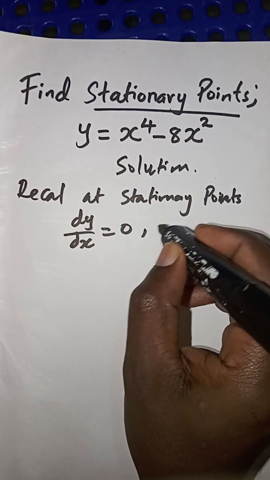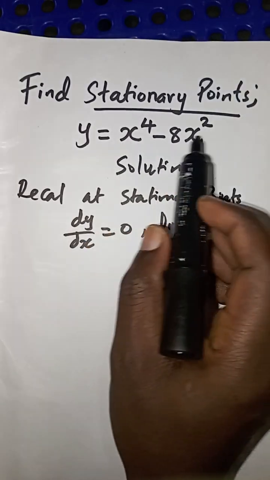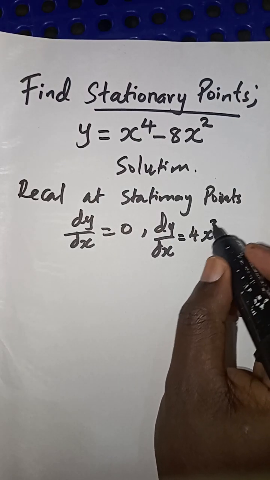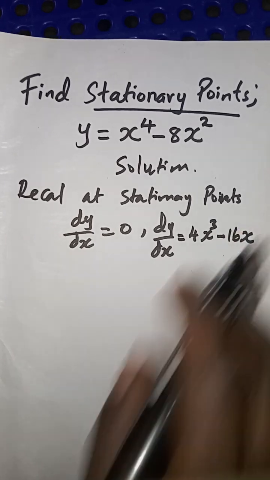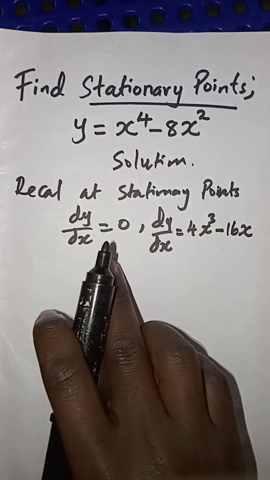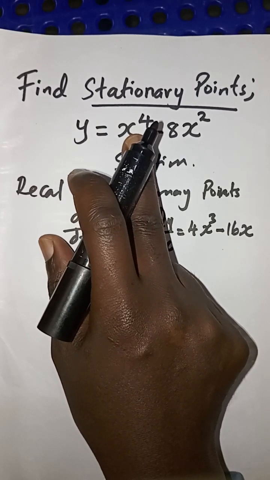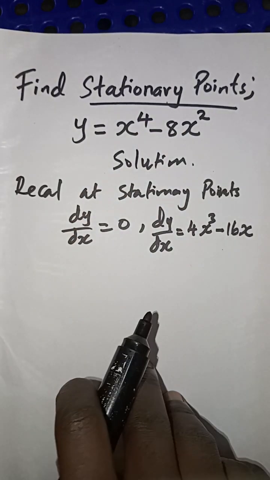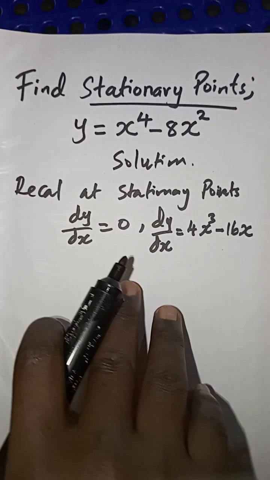Meaning if I find the derivative of y with respect to x for this particular equation, I'm going to end up with 4x to the power 3 minus, of course, 16x. And you realize that for this x to the power 4 curve, it's going to have at least 2 turning points, and so on.